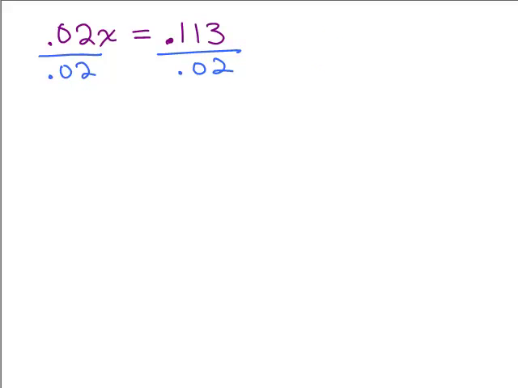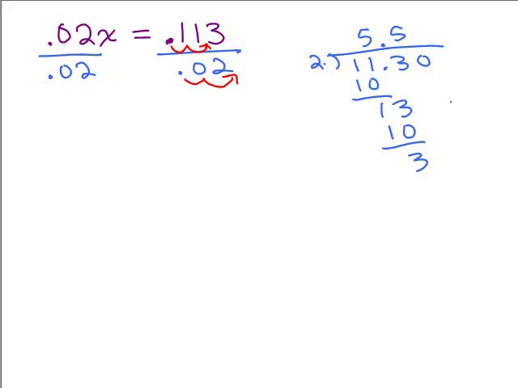So some people just multiply the top and bottom by 100, moving this decimal 2 to the right, this decimal 2 to the right. That's multiplying the top and bottom by 100, and then they could do the long division. 2 goes into 11.3. Let's see. So we have 5. 2 into 13, that's going to be 6.